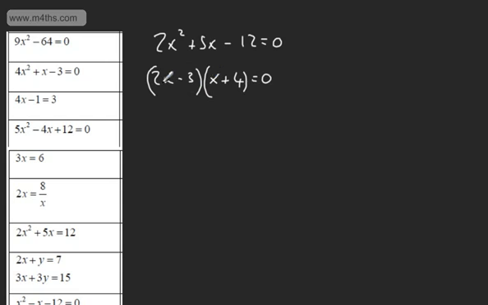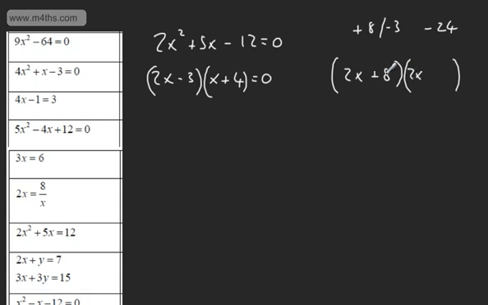2x squared, and then we're going to have plus 8x minus 3x minus 12. The way I thought about factoring this is 2 times minus 12 is minus 24. We need two numbers that multiply to give minus 24 that add to give 5. And they're going to be plus 8 and minus 3. So if we wanted to factor this, again, using the method, I'm not suggesting it's mathematically rigorous as such, but it kind of works.